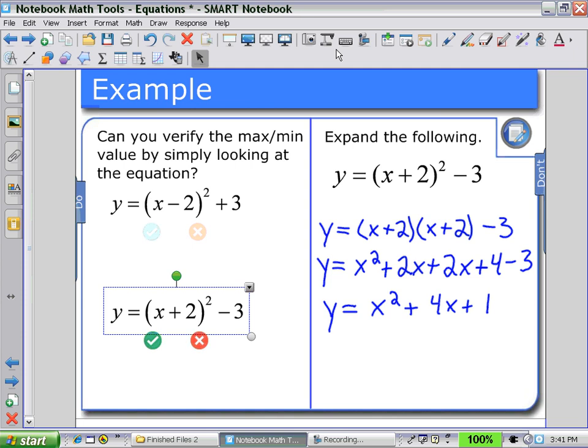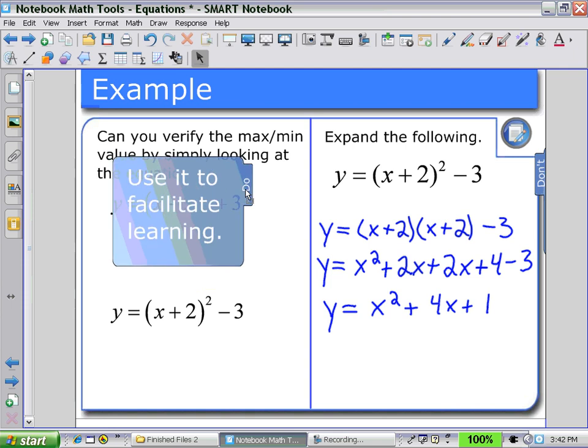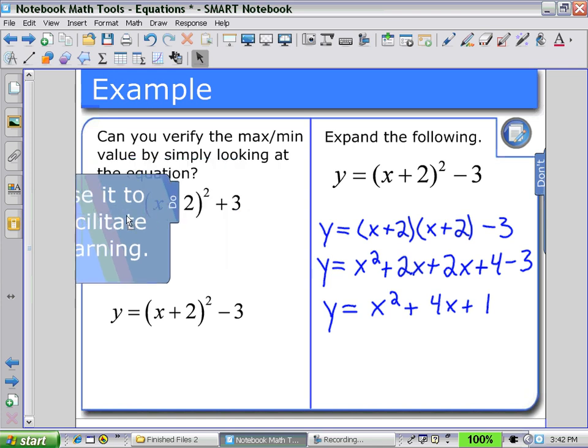And so now they can see when they're looking for the extreme values, they've got a +3 and a -3 quite readily. So one of the do's is that it is useful to facilitate learning. And in that case, you would want to use the handwriting recognition tool.